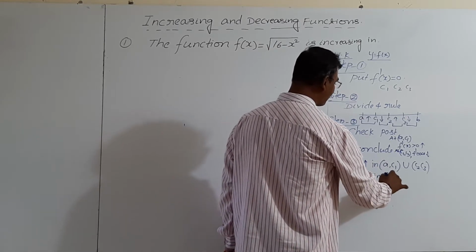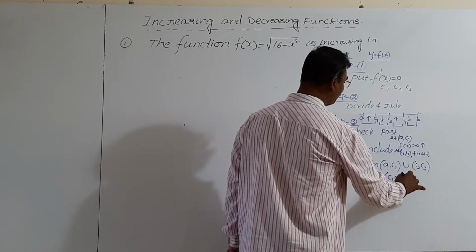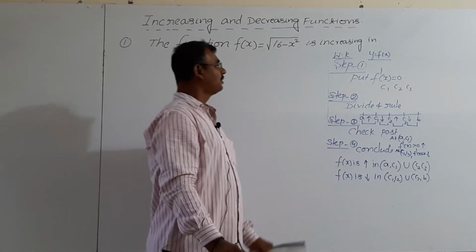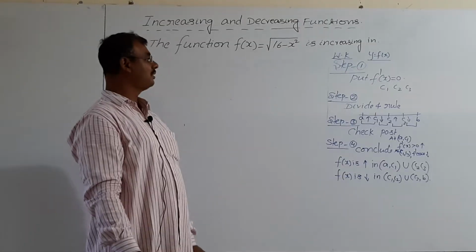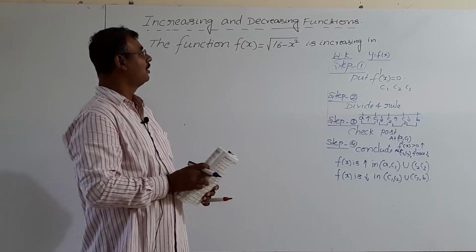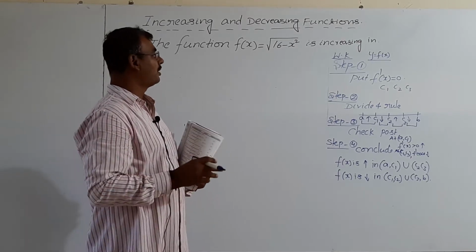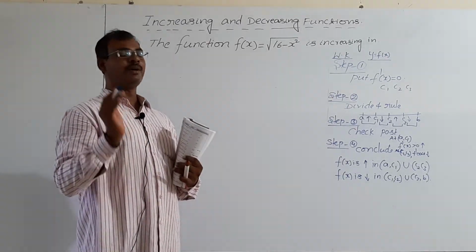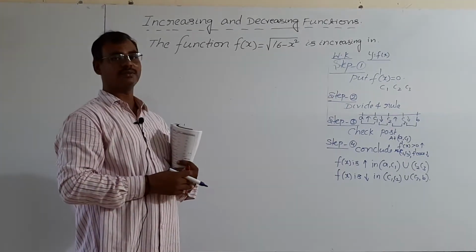In the interval c1 comma c2 union c3 comma b. So these are the steps to solve increasing and decreasing problems. Whenever you remember these points, you can easily solve any type of problem in this exercise.